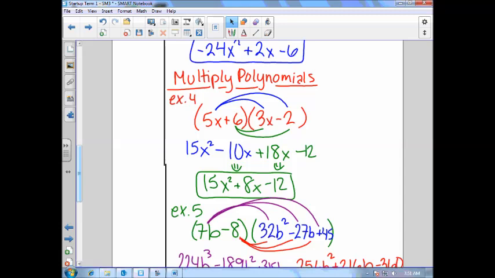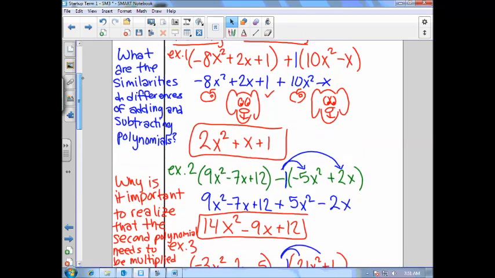How many times do we distribute? If it's a binomial times a binomial, it's a double distribution. And then we add like terms. So they all have add like terms, but then it goes 0 distributions, 1 distribution, and multiplying is 2 distributions at least. Okay, so now you can answer the essential question in complete sentences.